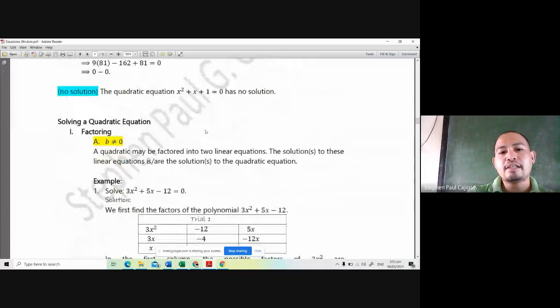Okay, so there are several ways that we can solve a quadratic equation.